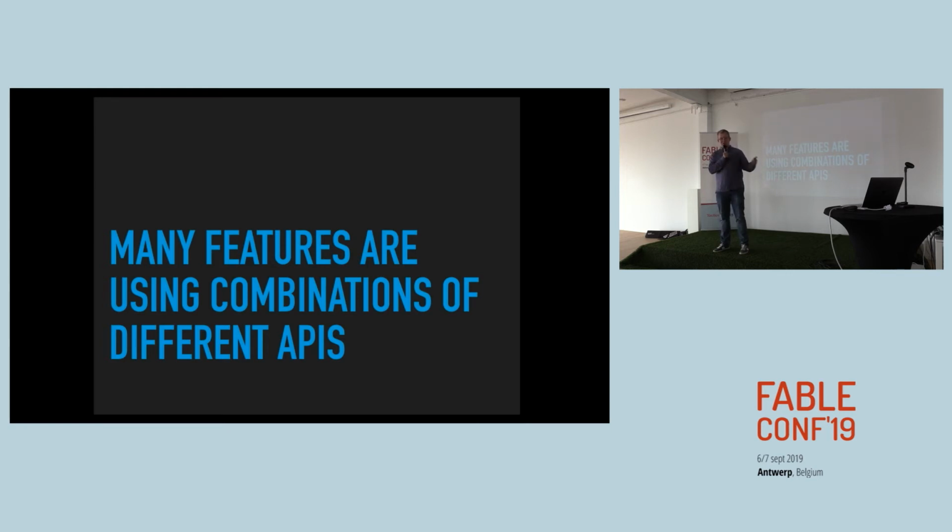Then we use Editor Service API to get the basic result, so basic text in the tooltip. Then we use Symbol API to enrich that information with additional information we put in the tooltip, and with signature formatting and things like that. So yeah, it's a complex system where there are many features using many different APIs.